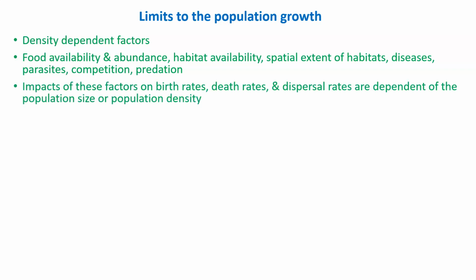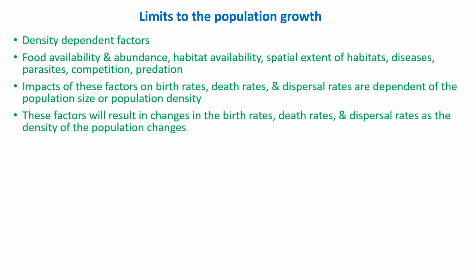All of those are density dependent factors. Impacts of these factors on birth rate, death rate, and dispersion rates are dependent on the true population size, or the current population density, right?